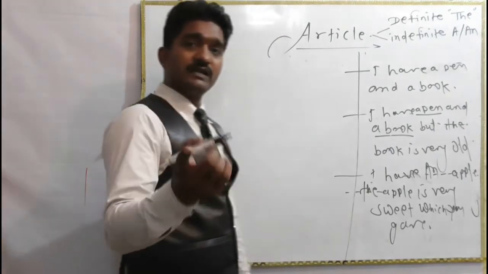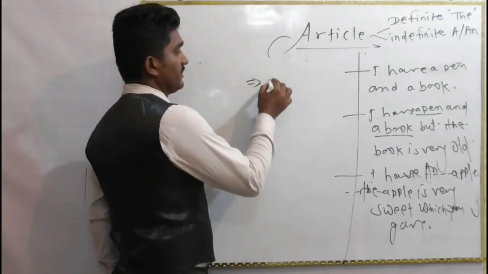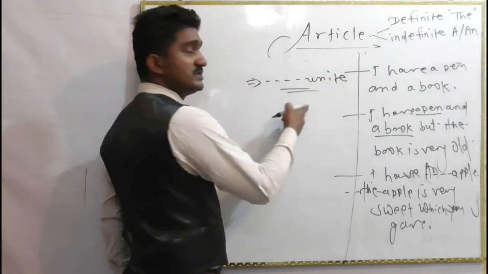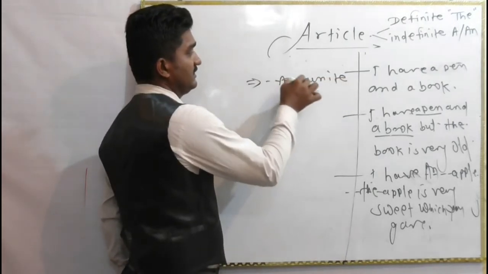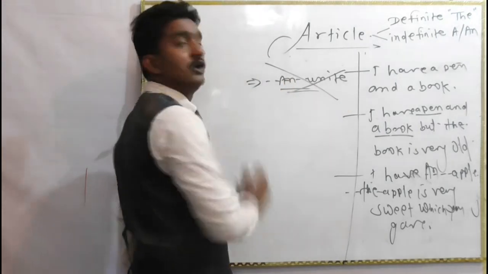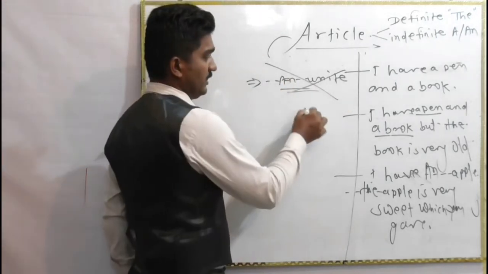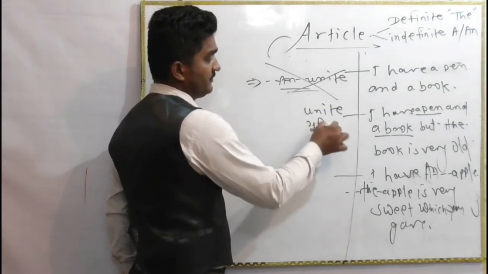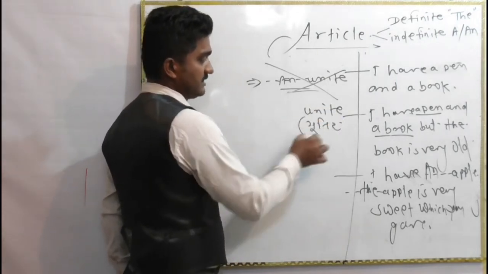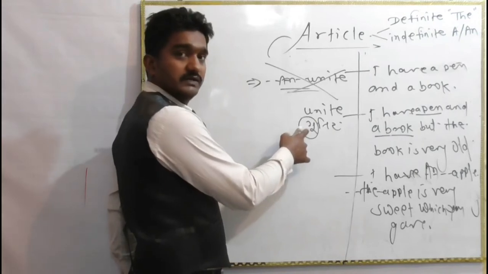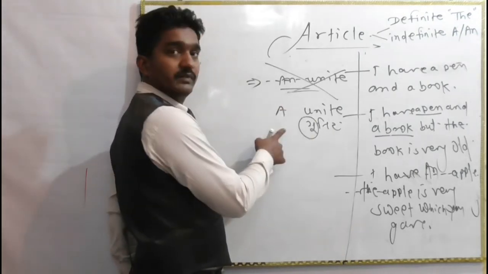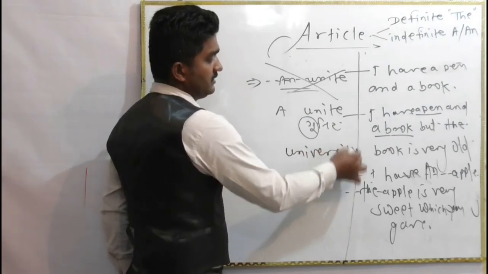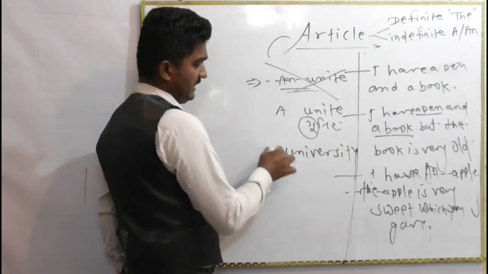And some other students are confused here. Suppose that here unit. So according to this, most of the students write an unit. This is totally wrong. If there is the word unit, so we will take its Hindi sound like yoo-nit, and in this place the sound is coming from a consonant, so a unit. Next, university. Here most of the students use an university.